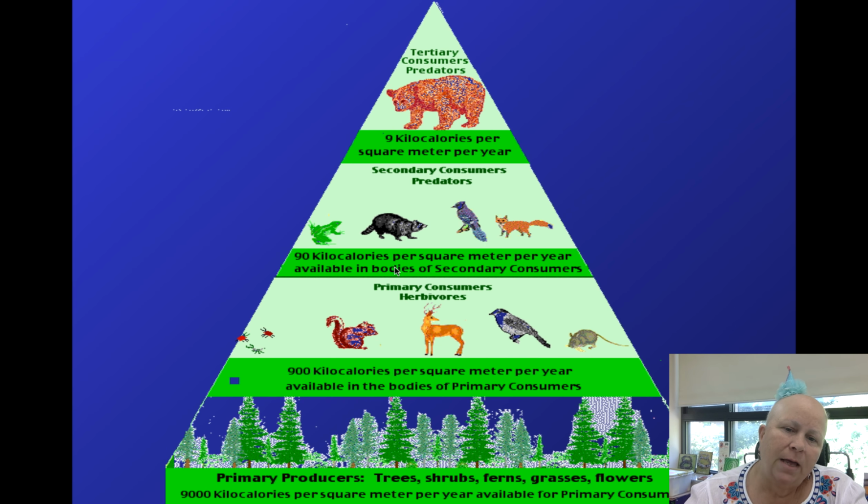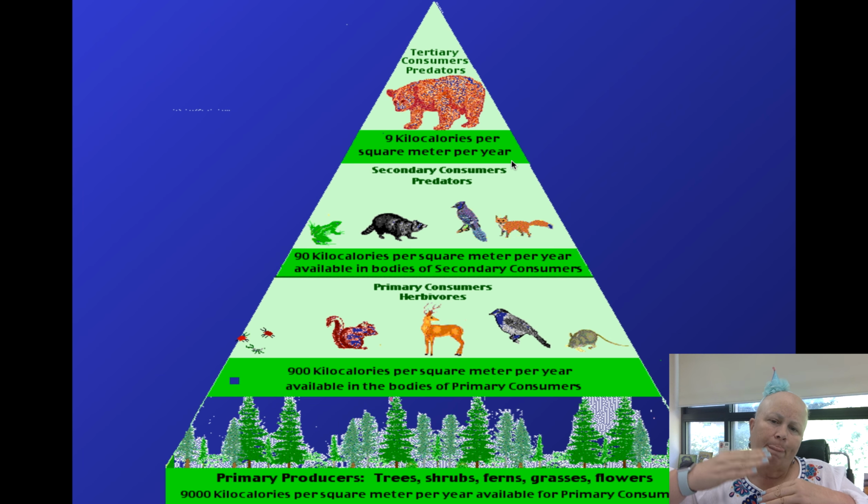And then they pass on only 90 kilocalories per square meter per year. And then the secondary consumers, when they are eaten by the tertiary consumers, they pass on 9 kilocalories per square meter per year. So we're talking about the area within an ecosystem.